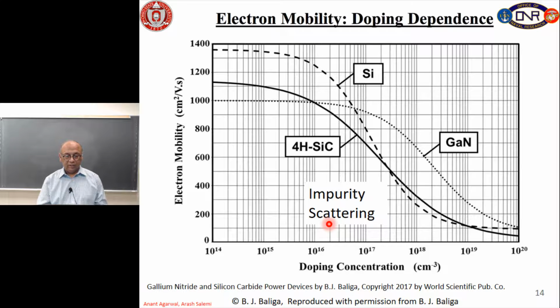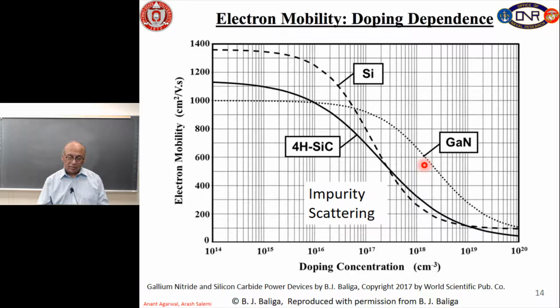You can see silicon is pretty high at low doping values, almost 1400 centimeters square per volt second, and then comes silicon carbide, and then comes gallium nitride. But for high dopings, you can see gallium nitride stands out and maintains the high mobility.